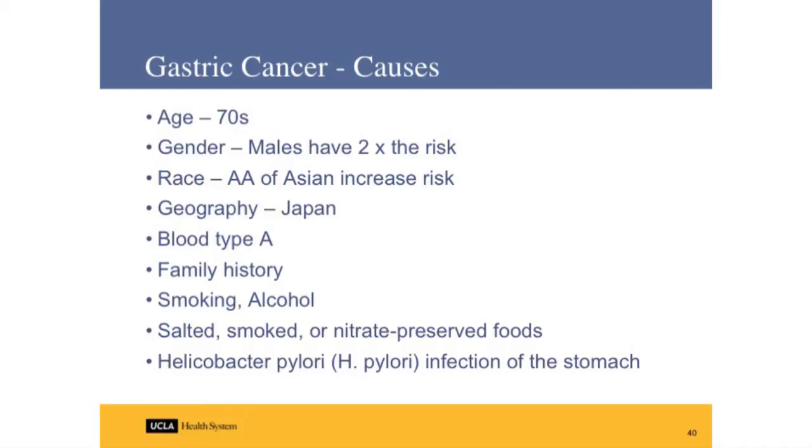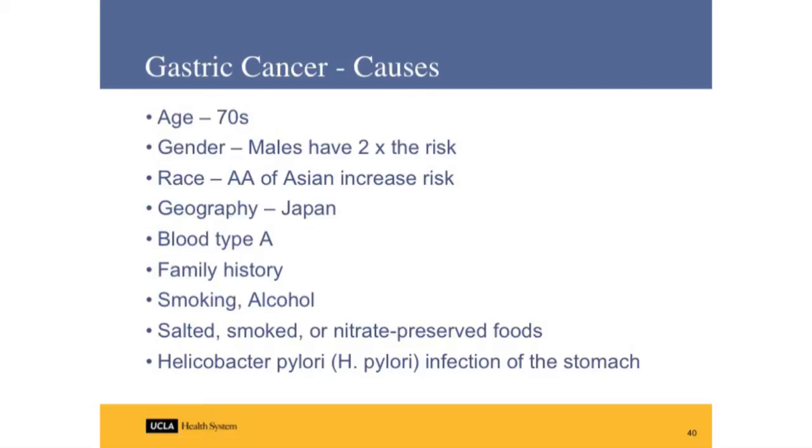Also, patients from parts of Central America and South America have increased risk. Patients who grew up in Japan have an increased risk. And patients with blood type A, for some reason, have an increased risk of developing stomach cancer.